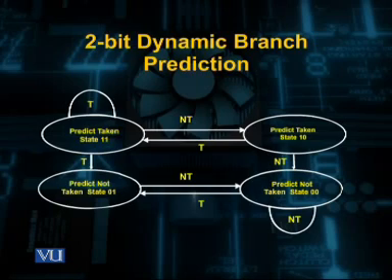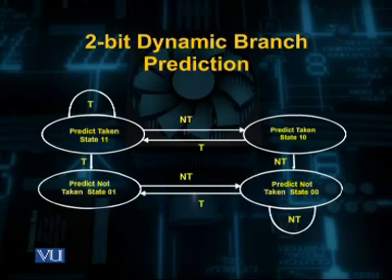The counter is incremented when a branch is taken and decremented when it is not taken. For example, as you can see here, it changes from 00 to 01 for taken when predicted not taken, and it changes from 10 to 11 for taken when predicted taken.